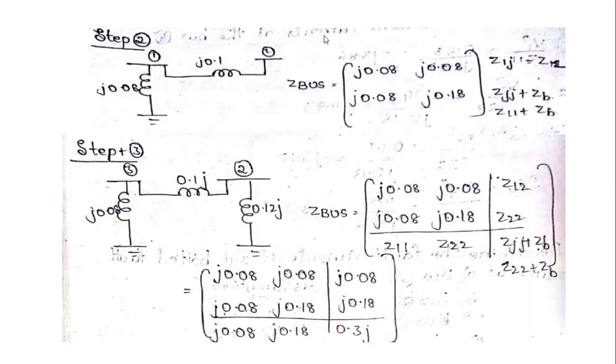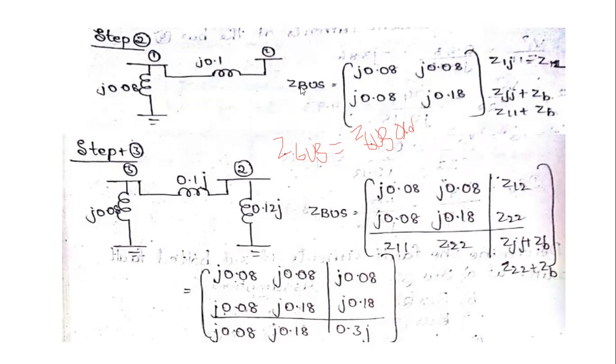In the type 2 modification, the Z-bus is equal to Z-bus old with the last row and last column added. The Z-bus old matrix is j0.08, and the last row and last column are j0.08, j0.08, with ZBR or ZS.